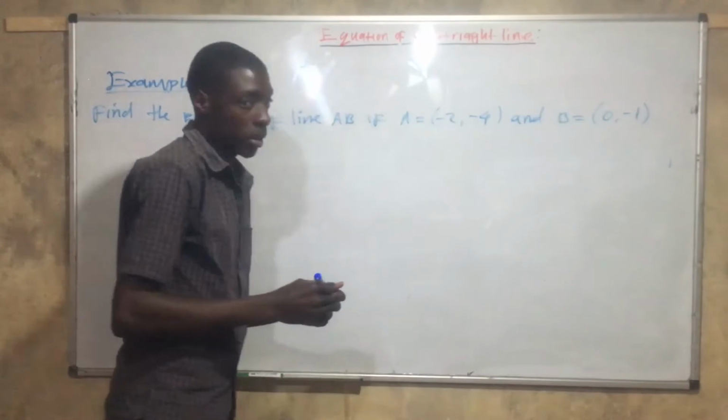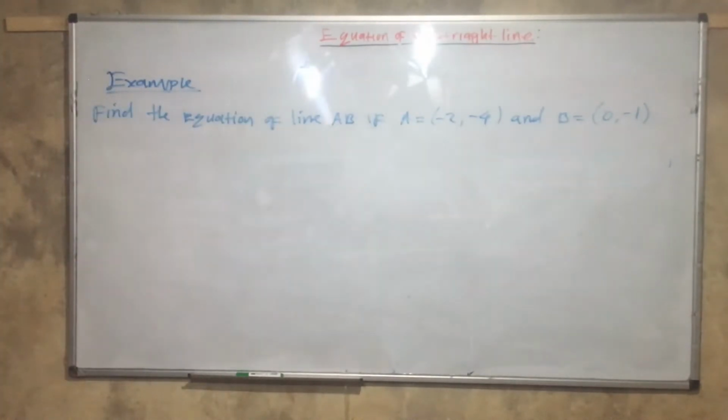These are the coordinates that you have been given, and you are told to find the equation of line AB.